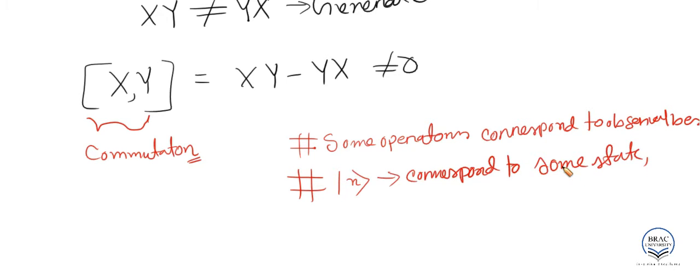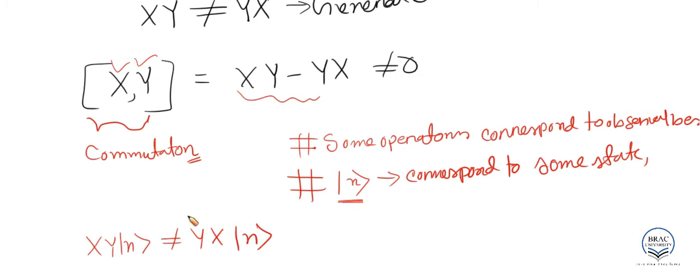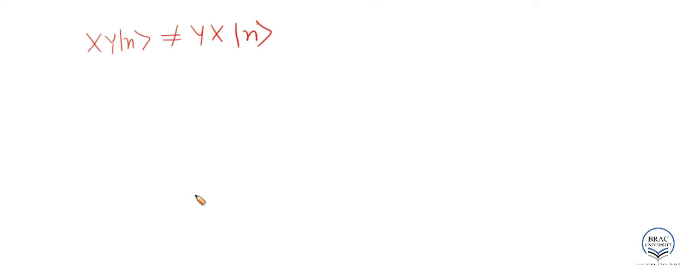And if you have a state and you have two operators, x and y, then xy n will not always be equal to, sorry, yx n. And x and y correspond to some measurement.